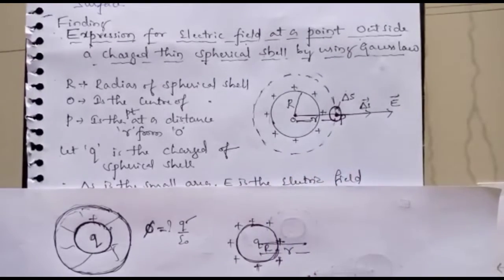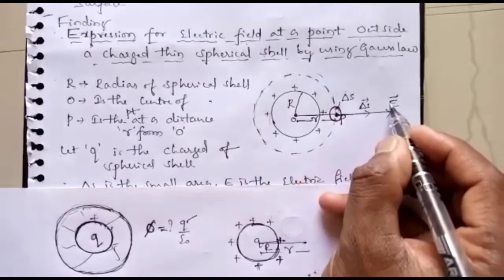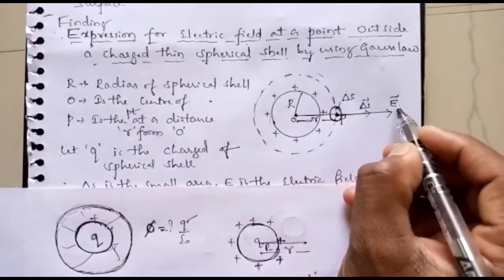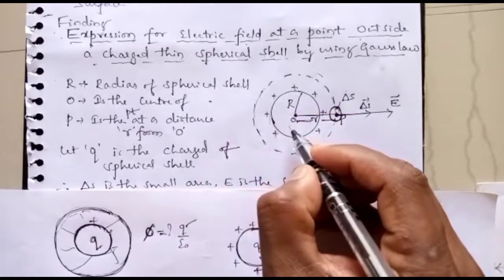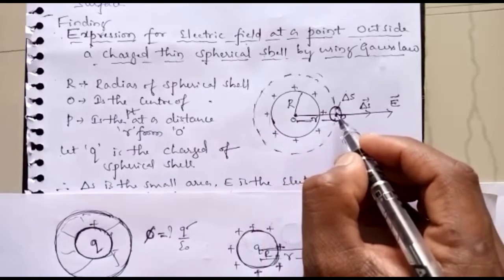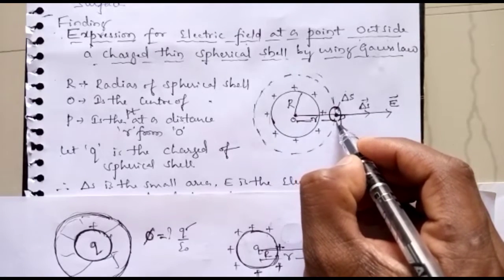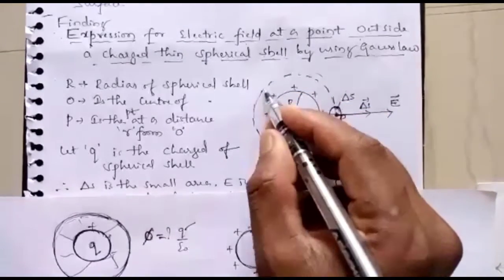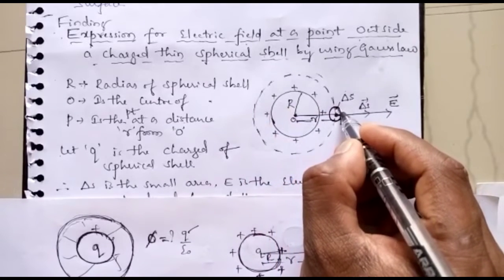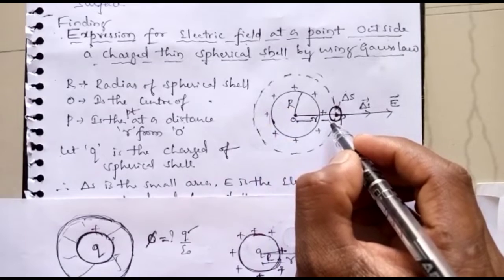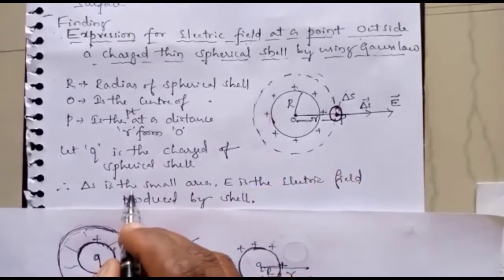Okay, and now to find this electric field, where E is the electric field produced by this charged spherical shell, I am considering first a small area, because we can't calculate directly through the whole surface. That's why I am considering first a small surface. Through this small surface, what is the electric flux, and after that we will take electric field. Okay, and now delta S is a small area.